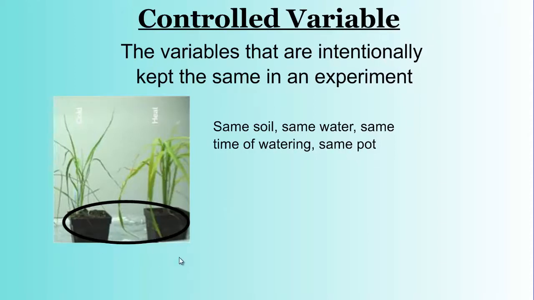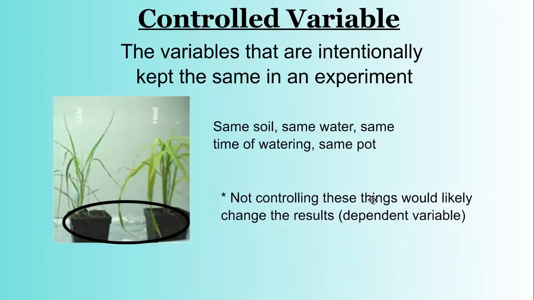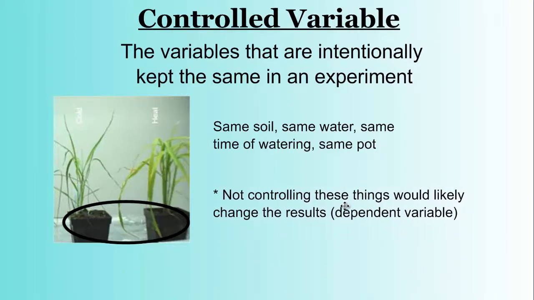We needed to use the same soil, the same amount of water, the same type of water, the same time of watering. We use the same types of pots, the same ventilation, kept in the same location. If we didn't control these variables, they would likely change the results, which was our dependent variable.